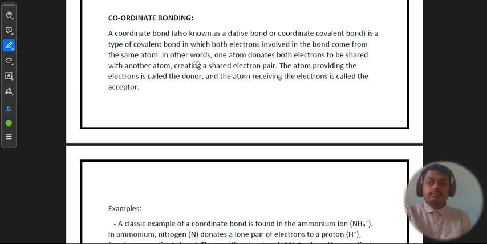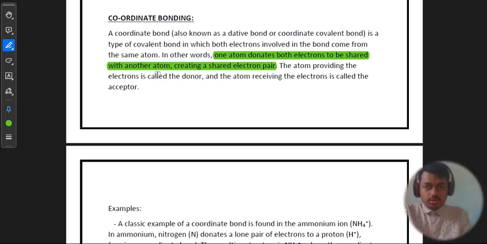So now we can see here that one atom donates both electrons to be shared with another atom, creating a shared pair. The atom providing the electron pair is called the donor, and the atom receiving the electron pair is called the acceptor.